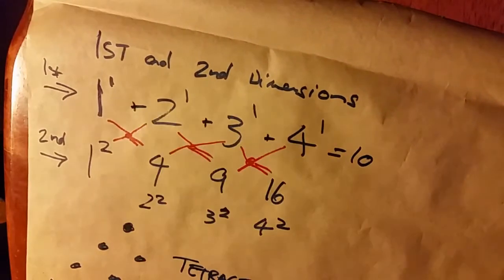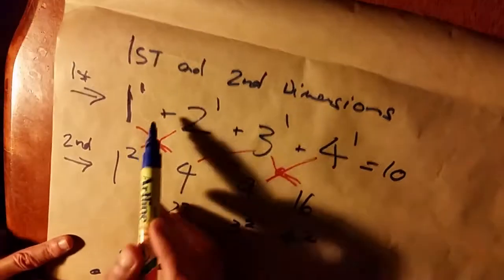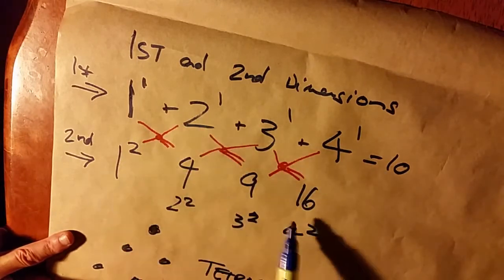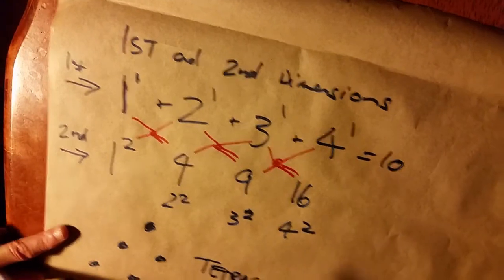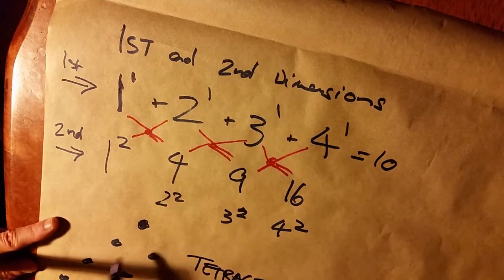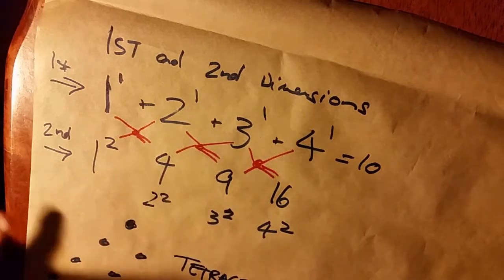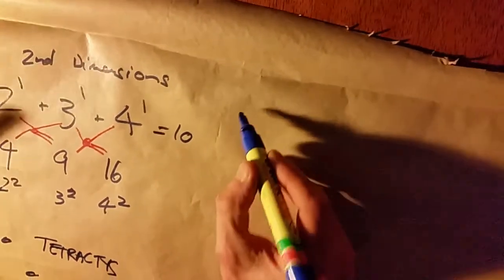So these numbers show how 1 dimension and 2 dimensions work together. Another way of visualizing that is through the Tetractys and what's called triangular numbers.